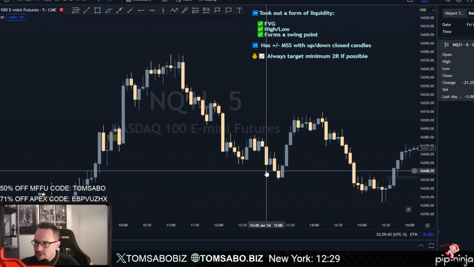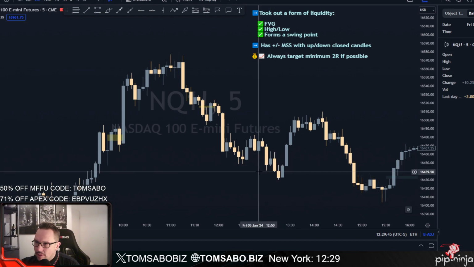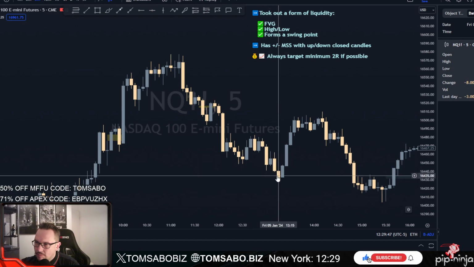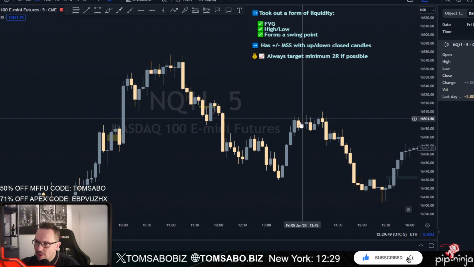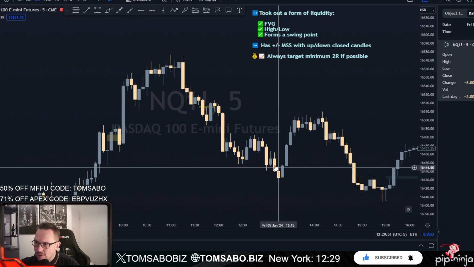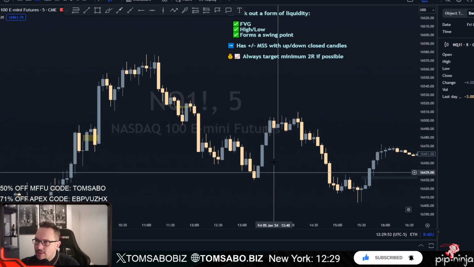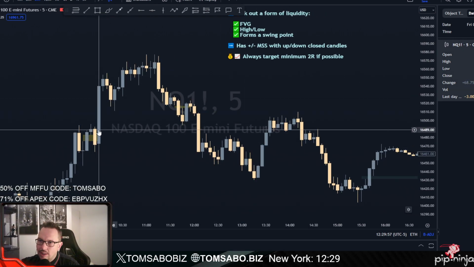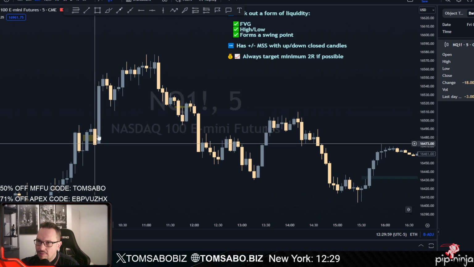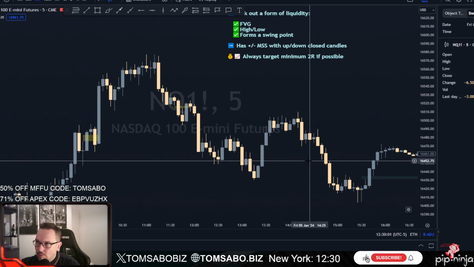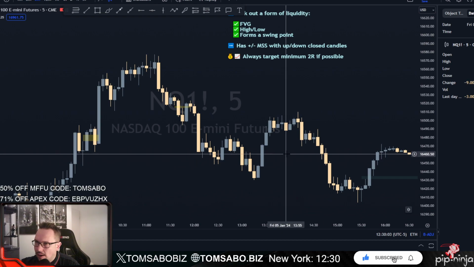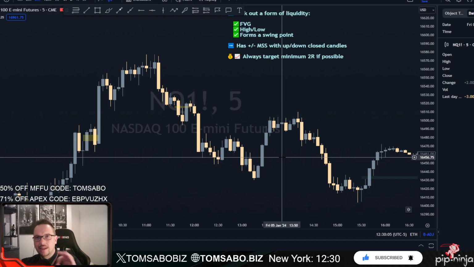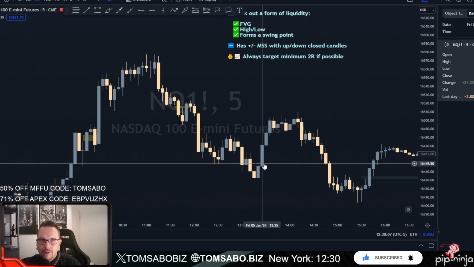Okay, what else? Right here, this one took out the swing low, pushed down, and then went up with a nice market structure shift as well. So that's also a form of liquidity. We do have all the criteria on these order blocks: market structure shift, liquidity, whatever you want. But the exact entry is a different scenario.